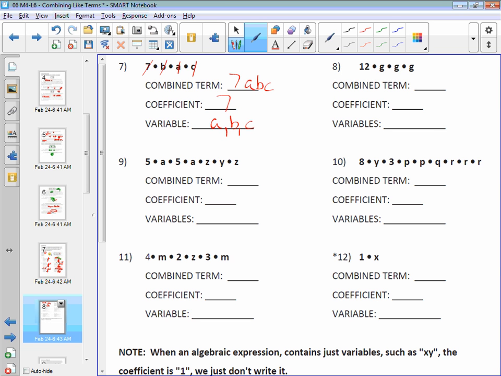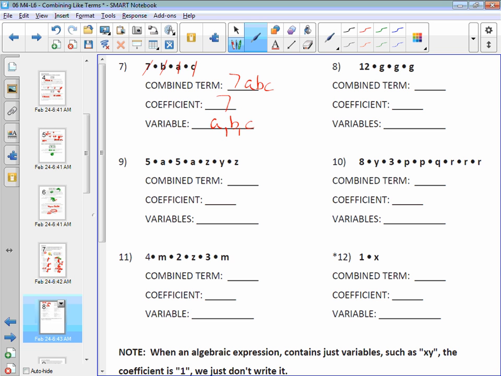Therefore, g times g times g is what as an exponent? You want to write your combined terms with as few symbols and letters as possible. So I've got my 12, I cross it out. G times g is what as an exponent?